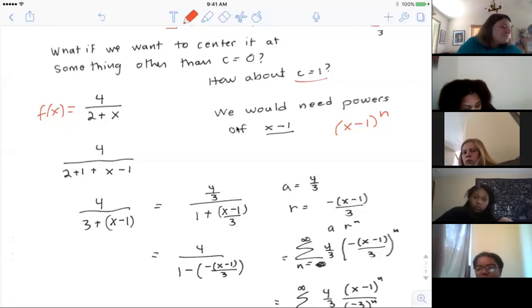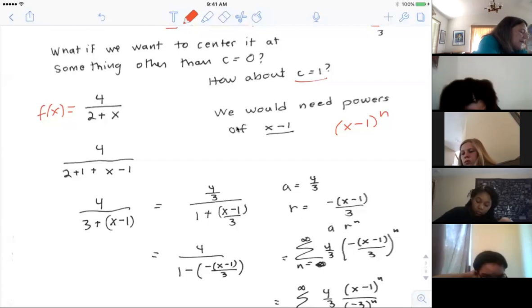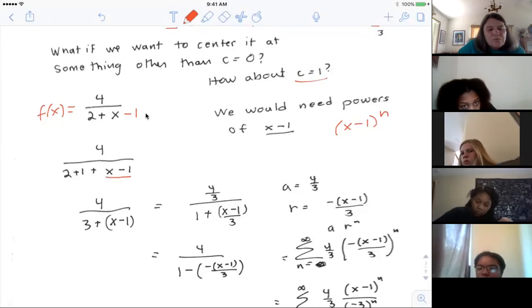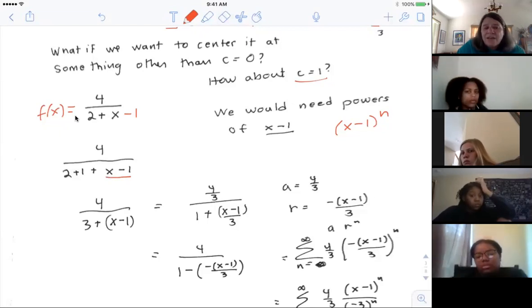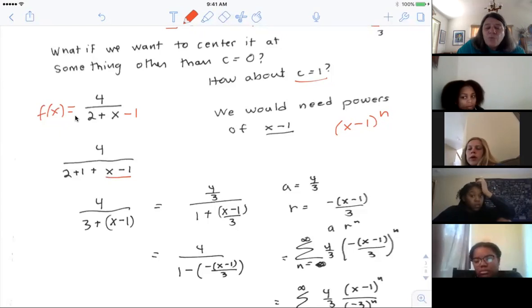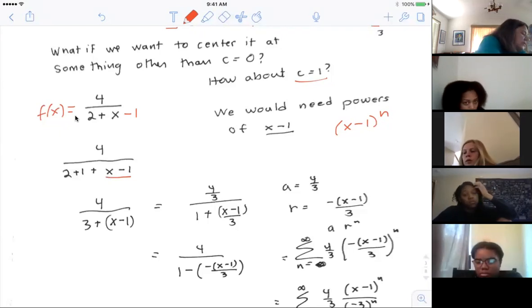So here's what I'm going to do. I need an x minus 1 here, so I'm going to make an x minus 1 there by taking a 1 away from that. But if I take a 1 away from that, to make things balanced down here, what would I have to do in the denominator? Add 1, exactly. All you chemistry guys ought to be able to do that, right?